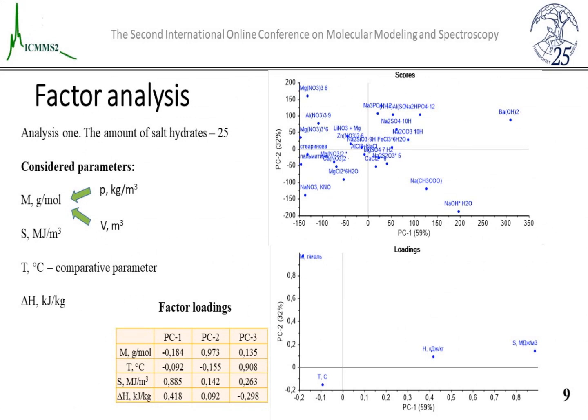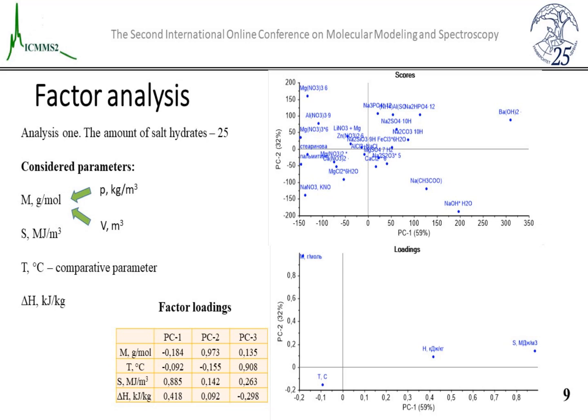Therefore, factor analysis was carried out in several stages. At the first stage, the most complete sample of 25 salt hydrates was analyzed by 4 parameters. Molecular weight was used as an alternative to the parameter of density, since density is not known for all crystal hydrates.